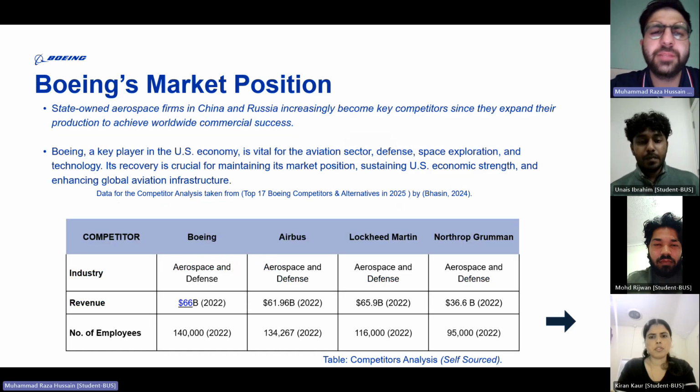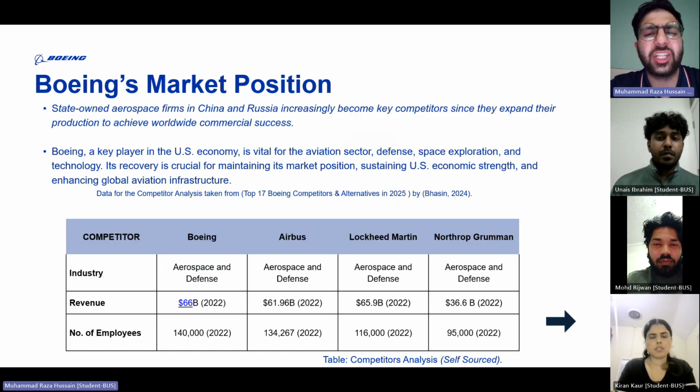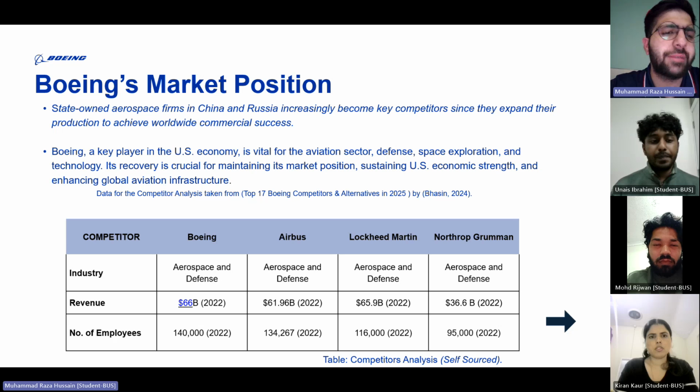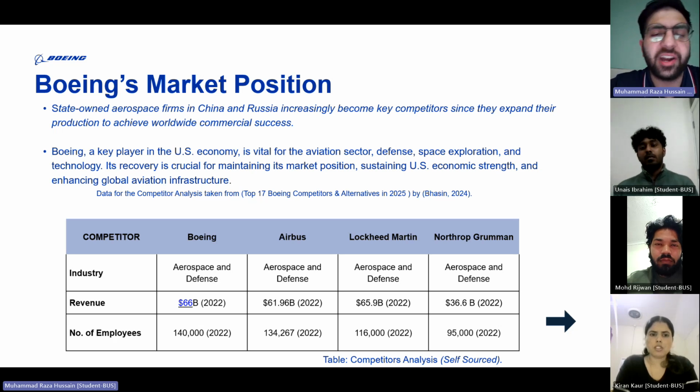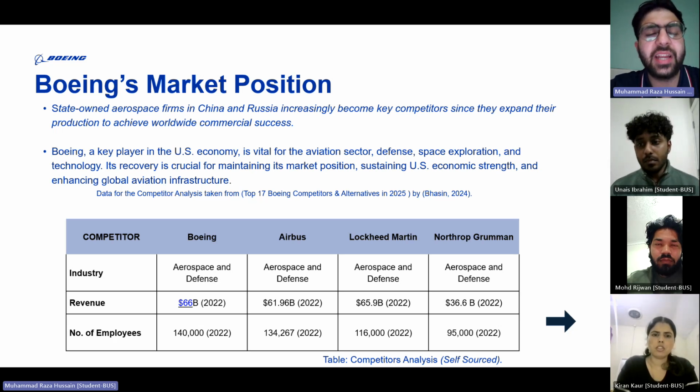In the Boeing market position, we provide a chart. In the chart, we have the competitors, Boeing and Airbus. We provide industry revenue and number of employees. These two companies are not just companies. They provide product offerings, a big market strategy, and contracts and alliances with global airlines.